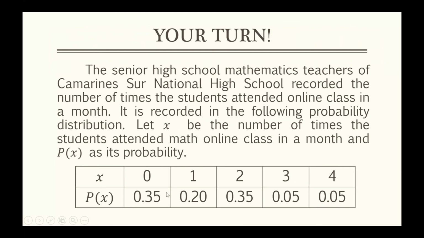We have the distribution, X. We have the number of times the students attended math online class in a month. We have 0, 1, 2, 3, 4. Its corresponding probabilities, we have 0.35, 0.20, 0.35, 0.05, and then 0.05.